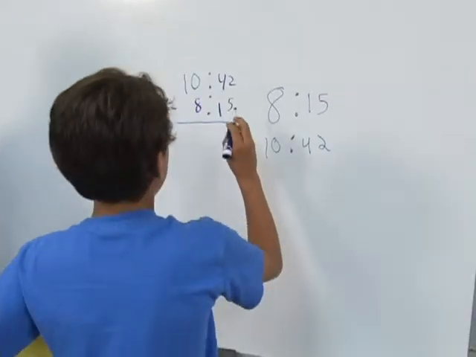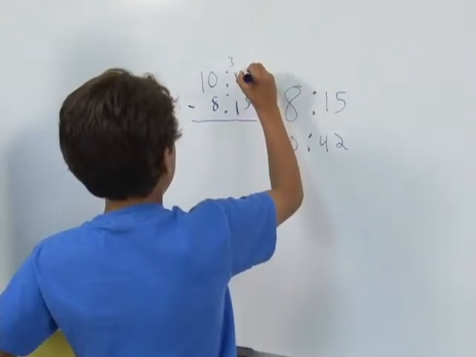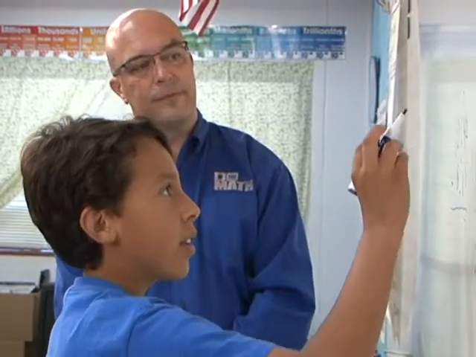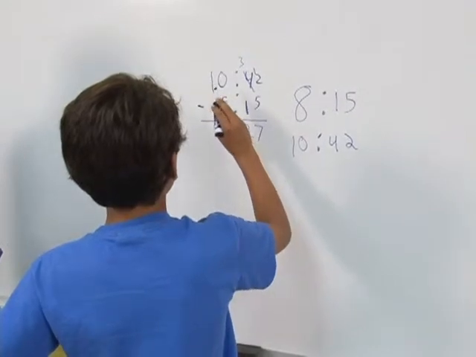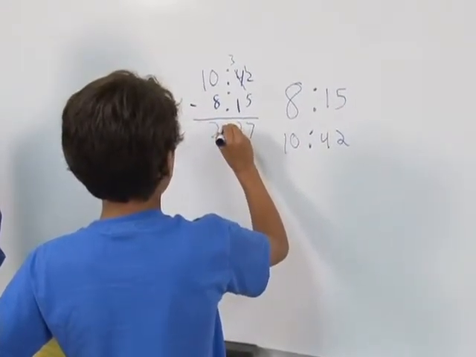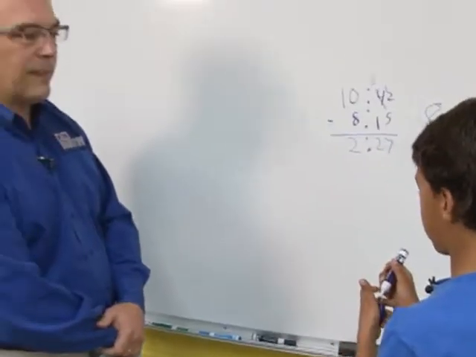Okay, so you cross this out. 12, 7, and then 3 minus 1 is 2, and then 10 minus 8 is 2. So how long was the play? 2 hours and 27 minutes.